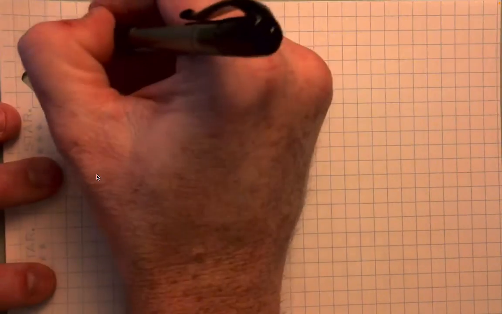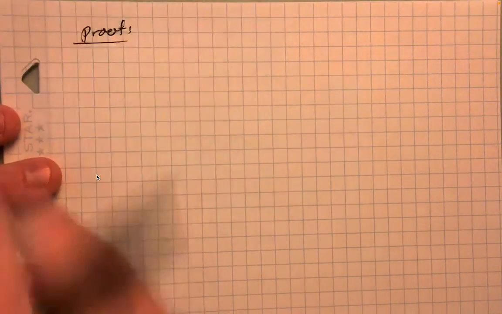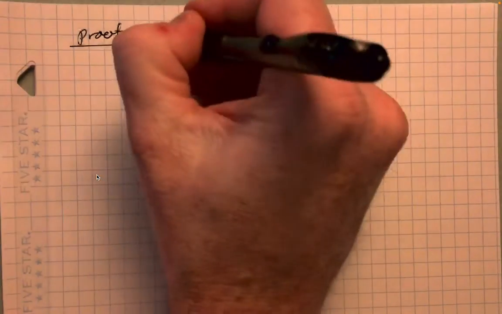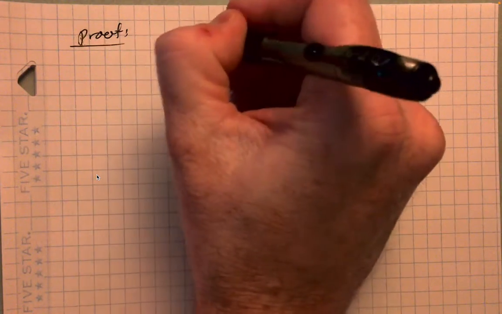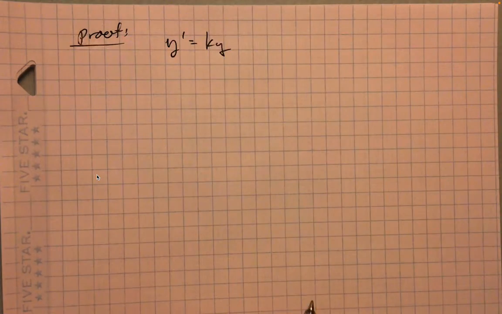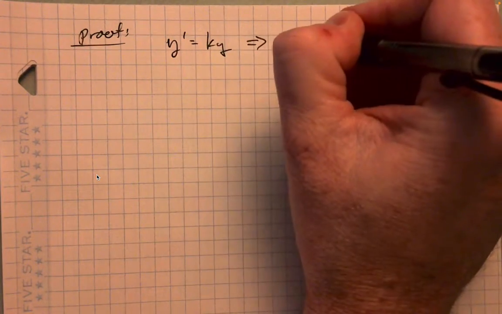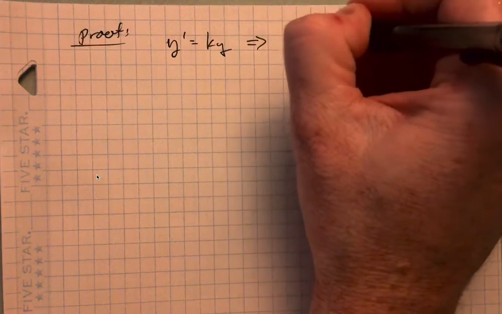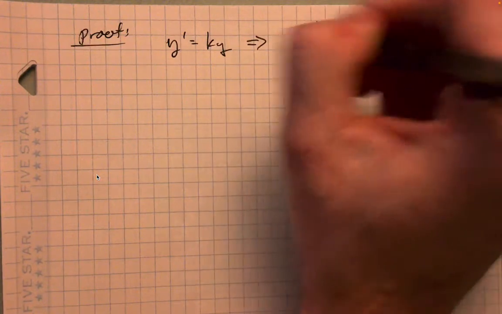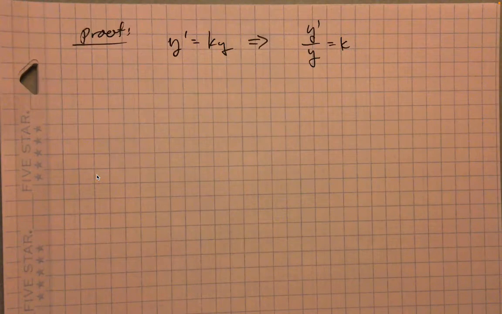So we'll put proof here. If y prime equals ky, then we can separate this out here. We can write y prime over y equals some constant k. Right, so this is the separation of variables piece, isn't it?